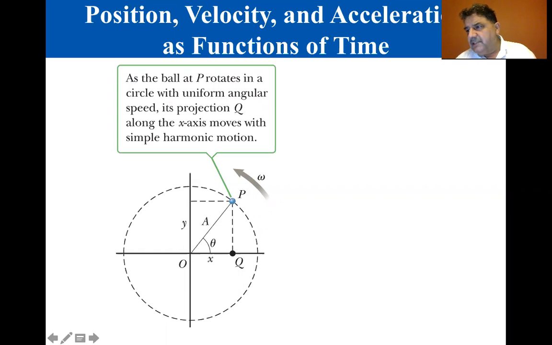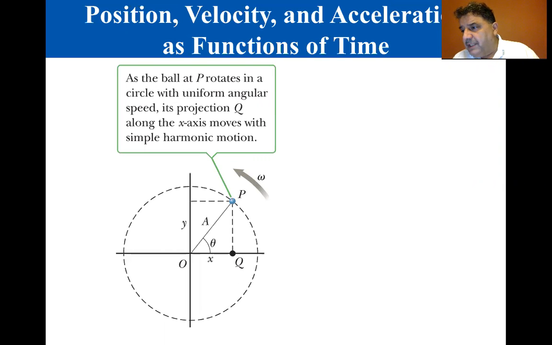Let's look again at the relationship between simple harmonic motion and uniform circular motion. Look at the figure, which shows a ball on the rim of a rotating turntable of radius A. We'll call the circle made by the ball the reference circle for the motion. Let's assume the turntable revolves at a constant angular speed, omega.